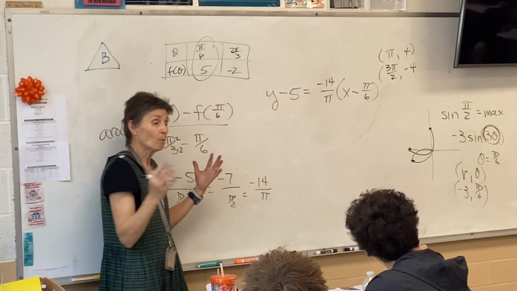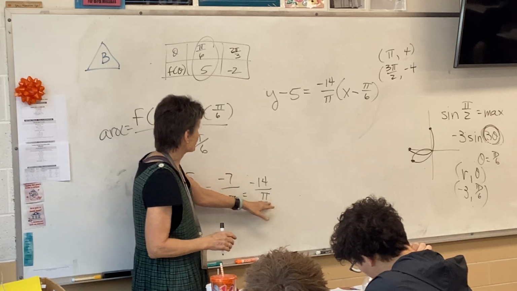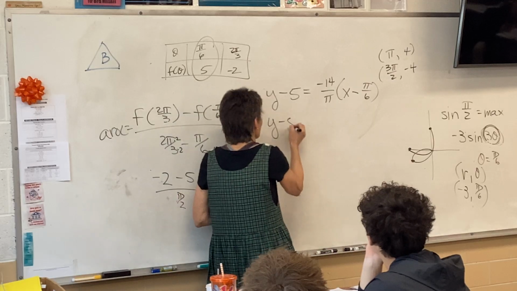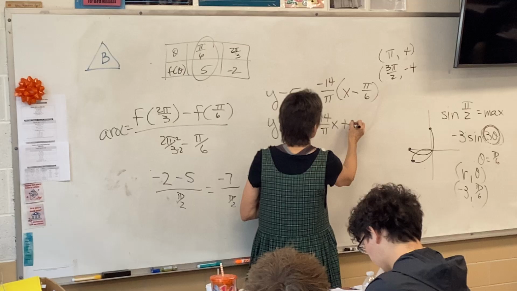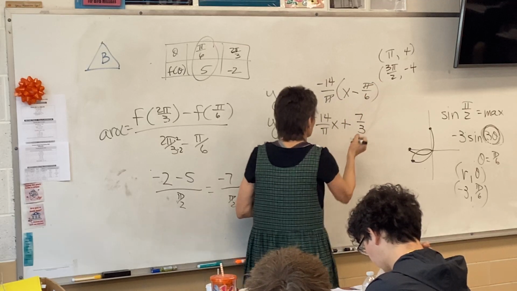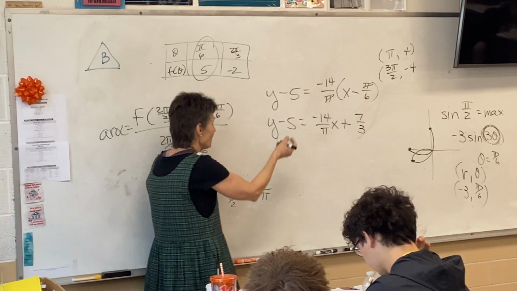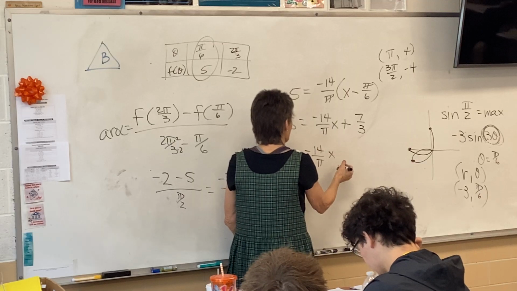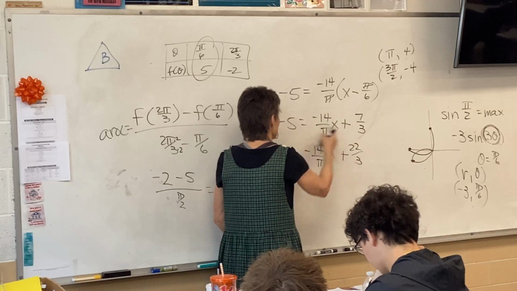So regular point slope, this is one option you have. This is the slope, I picked that point, plugged it in. So y minus 5 equals negative 14 over pi x plus 7/3. Keep an eye on my arithmetic, does that look okay? And then I'm going to add the 5 over, so negative 14 over pi x plus 22/3.